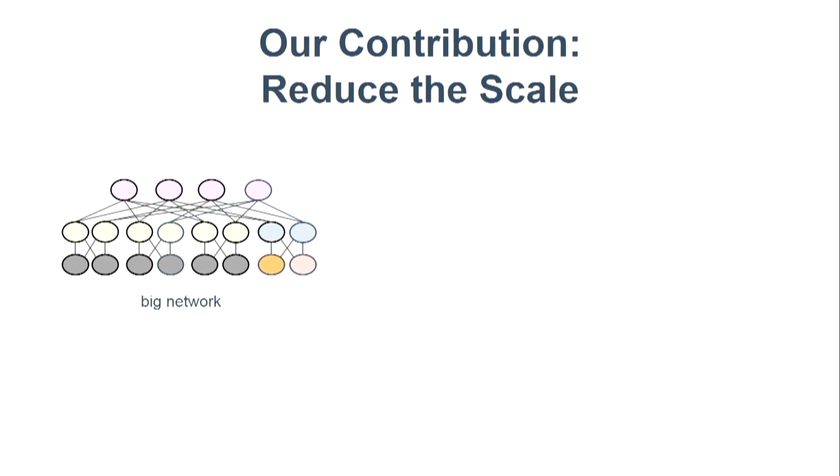So the central contribution of the current paper is an algorithm that will take a large network control plane and analyze it rapidly and produce a much smaller network control plane that is behaviorally similar.